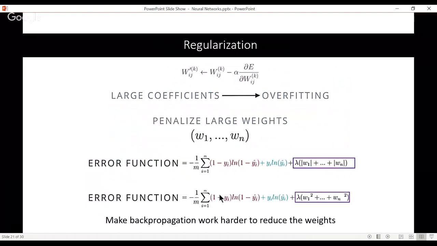So if you found out that your neural network is overfitting, how do you fix that? What's happening is that when you have large coefficients, that is, large weights, you overfit. You're overfitting your training data if you have large weights. In the previous example, we saw that if increasing the weights decreases the error, this is positive, and you reduce.